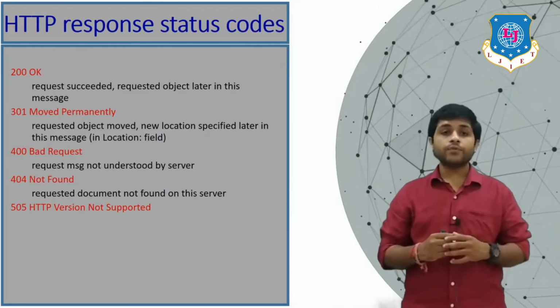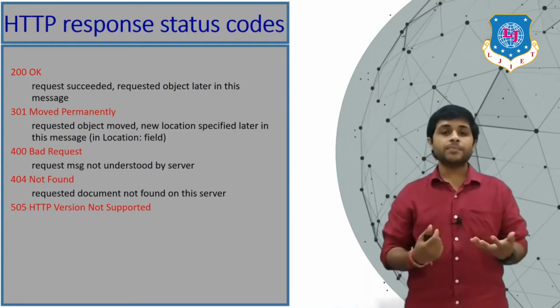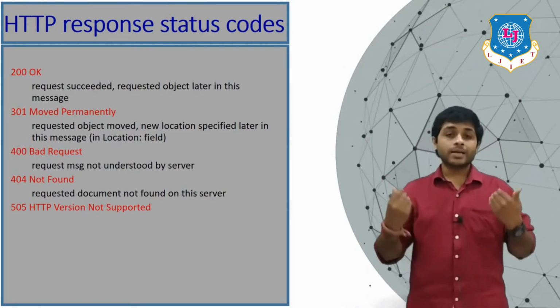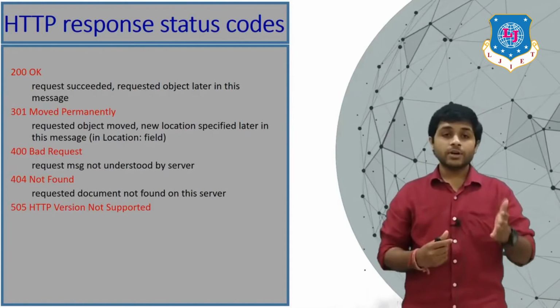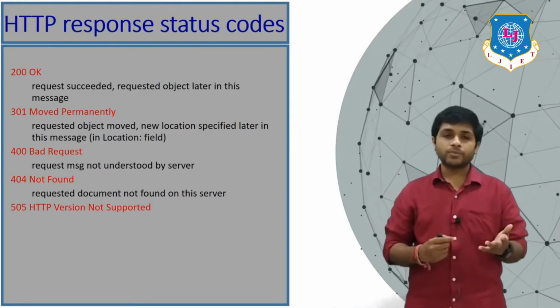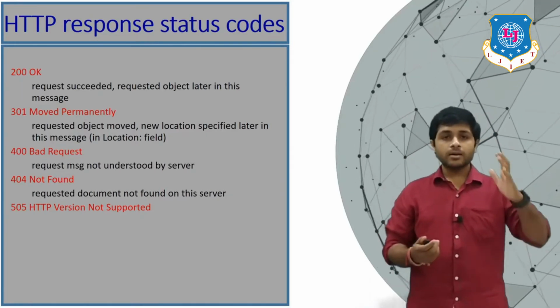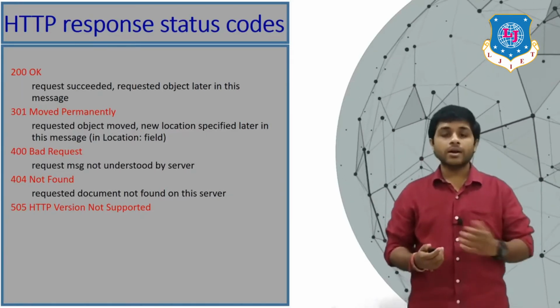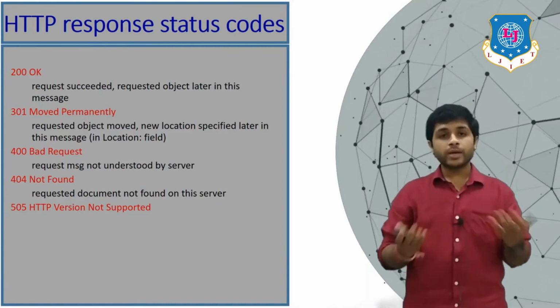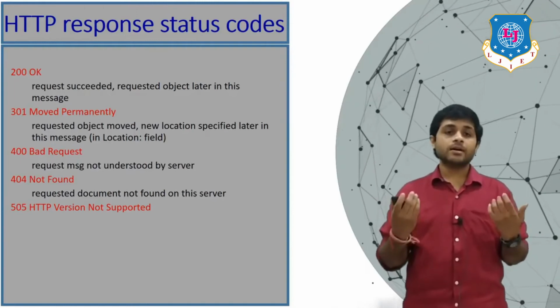If you receive 400, it means bad request: the server is not able to understand what you are trying to access. If your computer receives 404, which is quite famous, right? It means that the document is not found. There are many other numbers from which you can understand what type of problem has occurred or what the current status is.